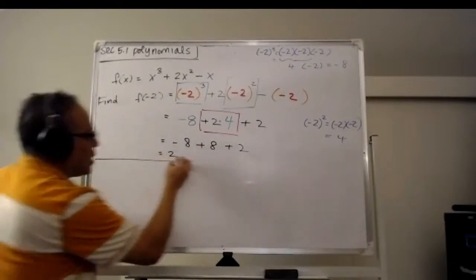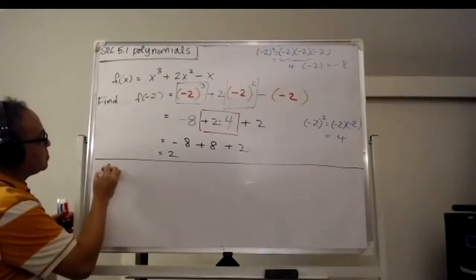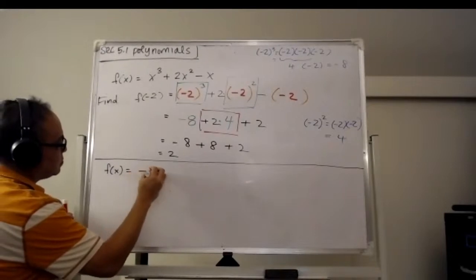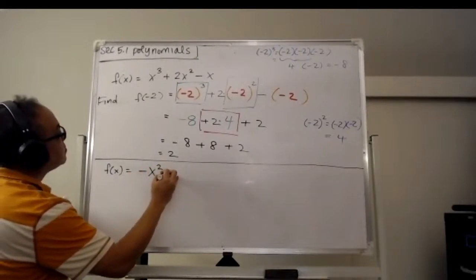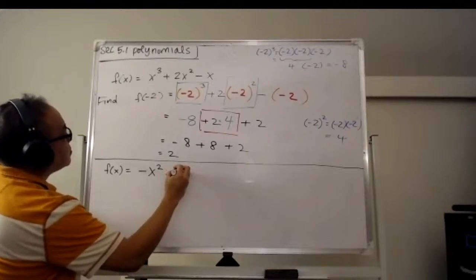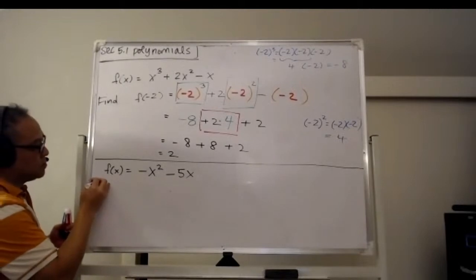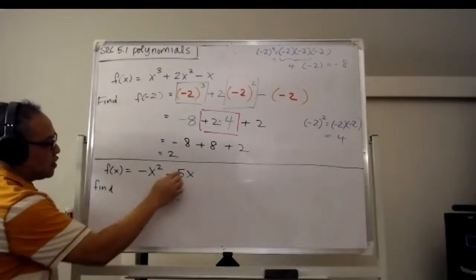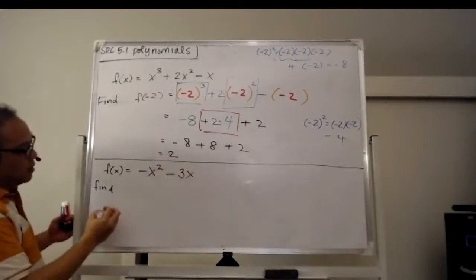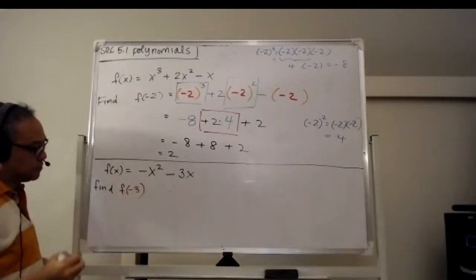Okay, let's try that one more time. Actually, let me make this a little easier like that. Okay. So find f of -3.